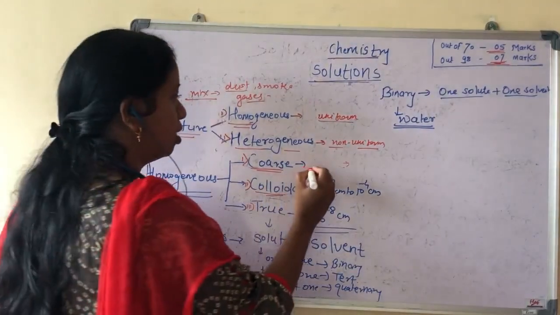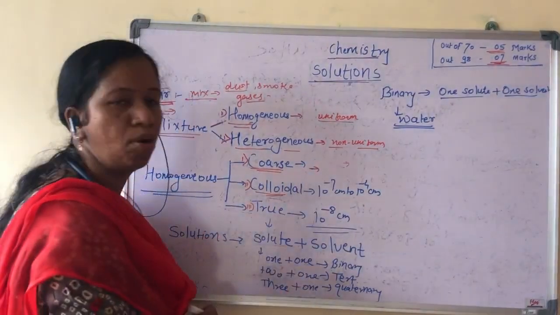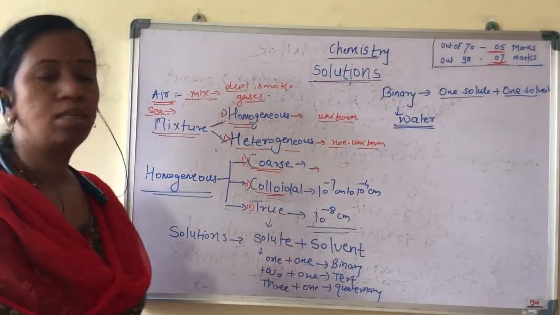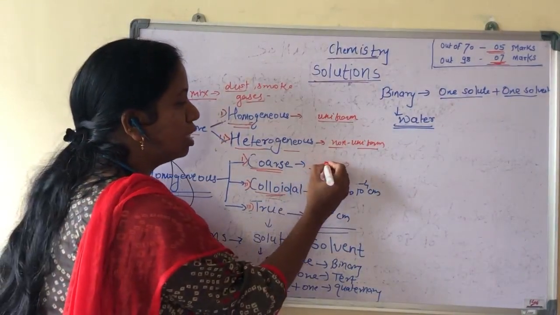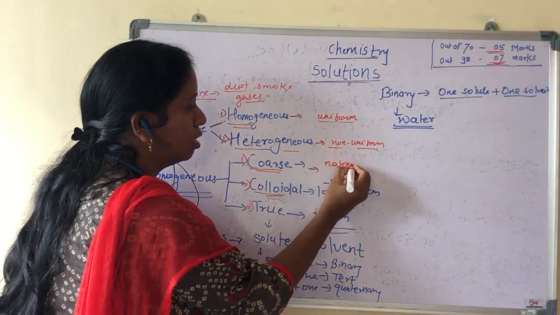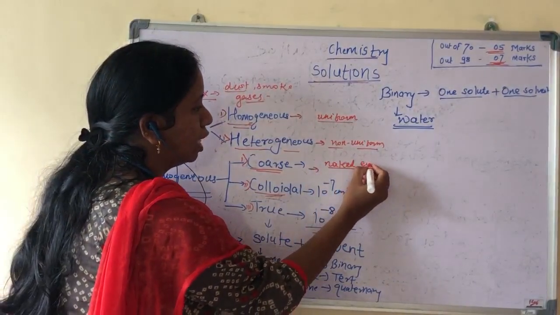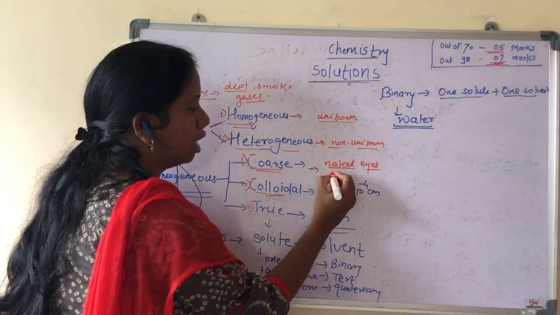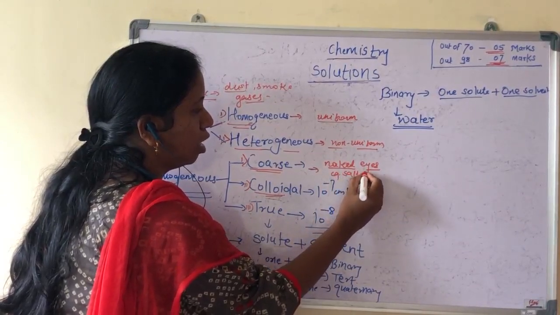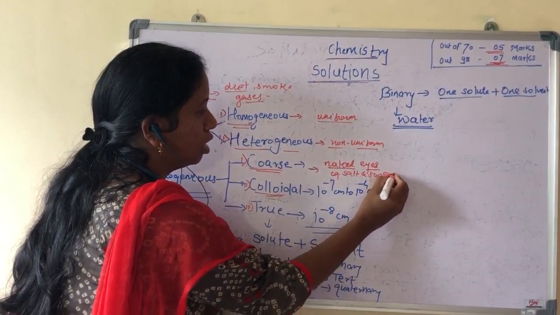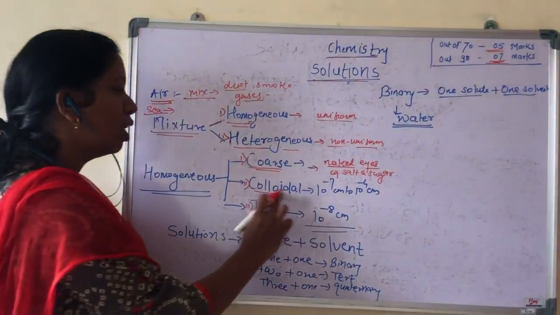The size of the components in the coarse mixture can be seen with the naked eye. Examples are salt and sugar.